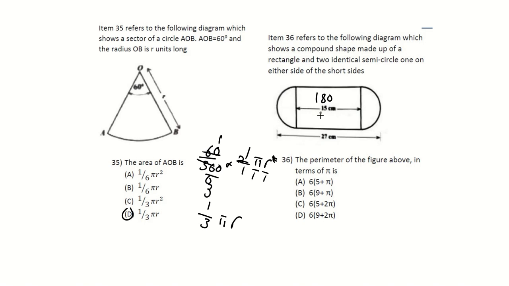The difference between 15 and 27 was the diameter: 27 minus 15 is equal to 12. So this side was 12. Then 12 multiplied by 15 is 120, and 12 times 5 is 60. So it is 180, so A. And then the area of your circle was pi r squared.